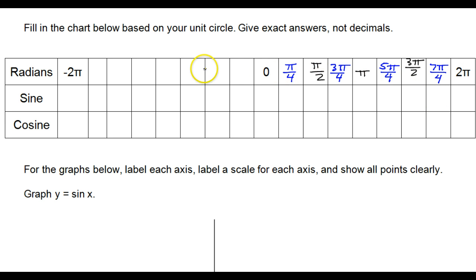And going in the negative direction, it's going to be the same thing, just only negative. So we'll have negative pi and negative pi over 2 and negative 3 pi over 2, and my negative pi over 4s as well. Now let's talk about the value of the sine function at each one of these angles.